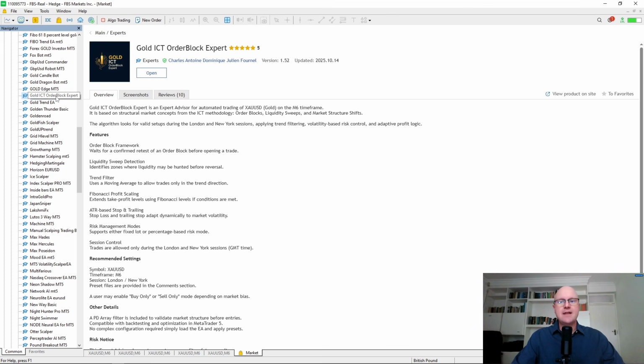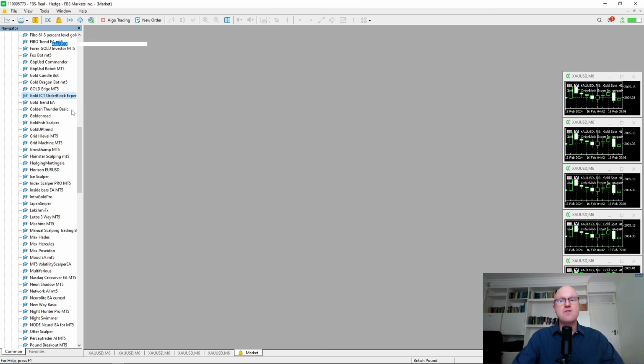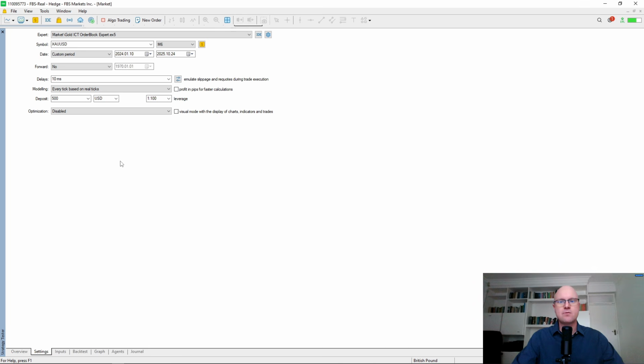Now, once you've done that, you're going to want to run a few backtests to get the settings right for your specific broker. So after this, we're going to test the expert advisor now, and I'm going to use both a fixed lot of 0.01 as well as an adaptive scaling that's built into the expert advisor.